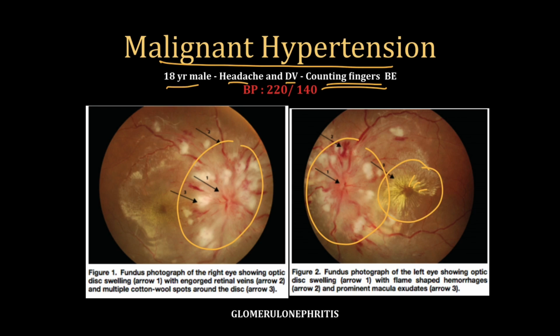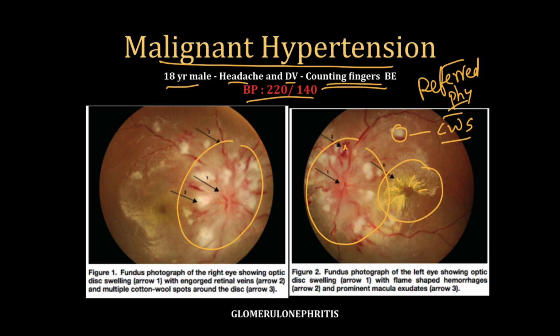There you can see the macular stars. You can see the cotton wool spots, which is a very important feature. Then I asked to check the blood pressure. The blood pressure was 220/140. So immediately the patient was referred to the physician, and was found to have glomerulonephritis.